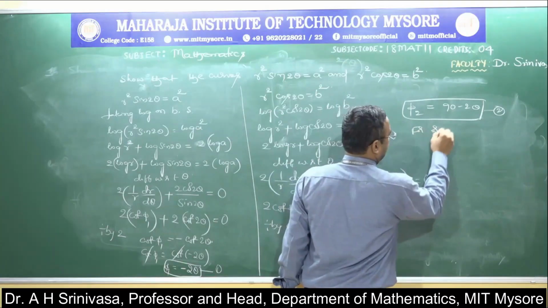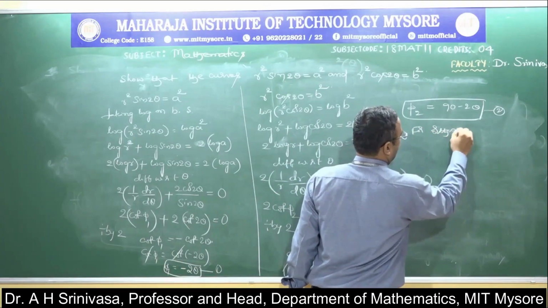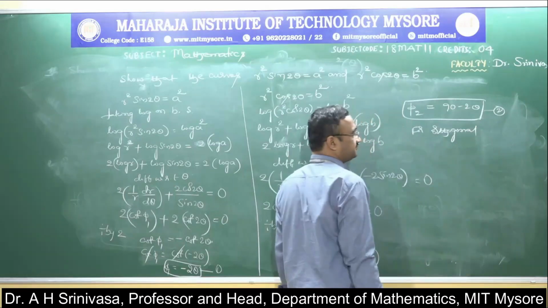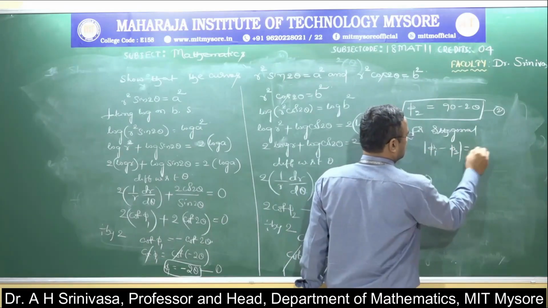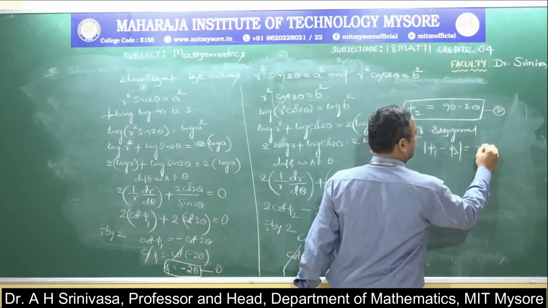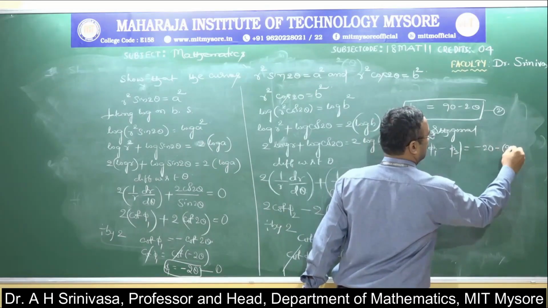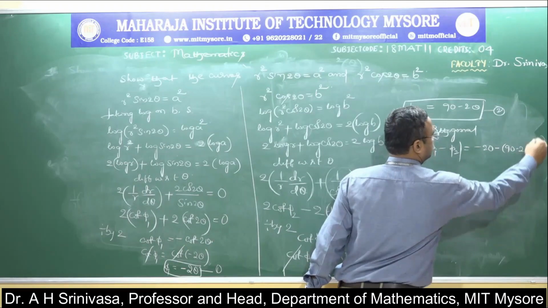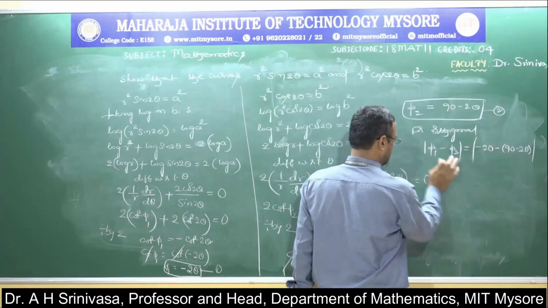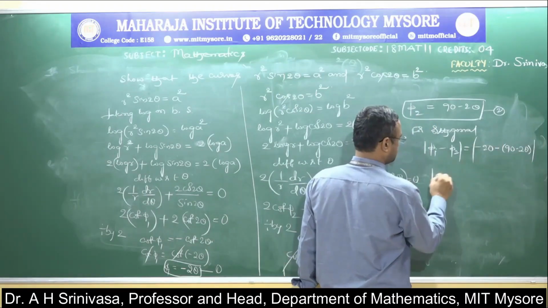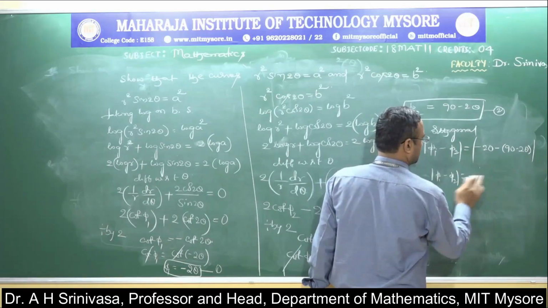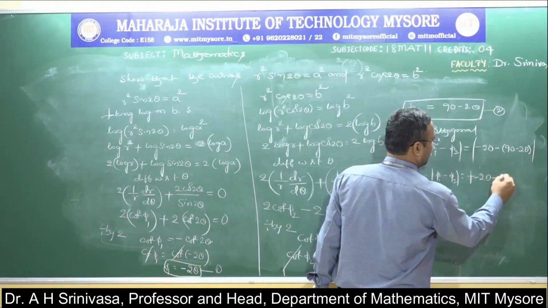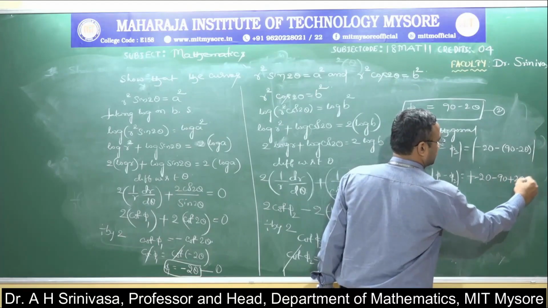For orthogonal, now take the absolute value of these two. Phi 1 is minus 2 theta, then the absolute value of 90 minus 2 theta. Minus 2 theta minus 90 plus 2 theta.